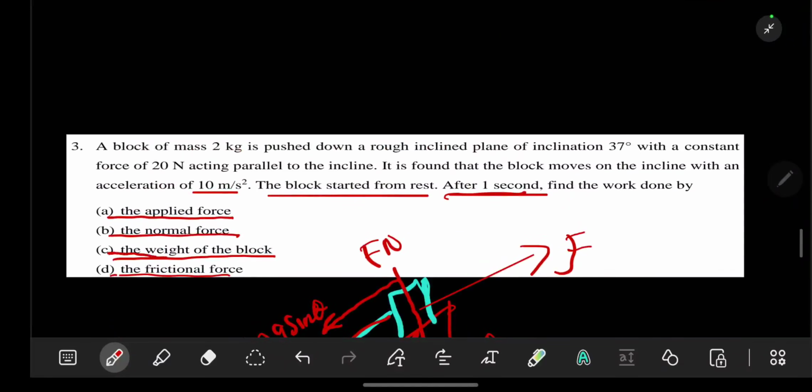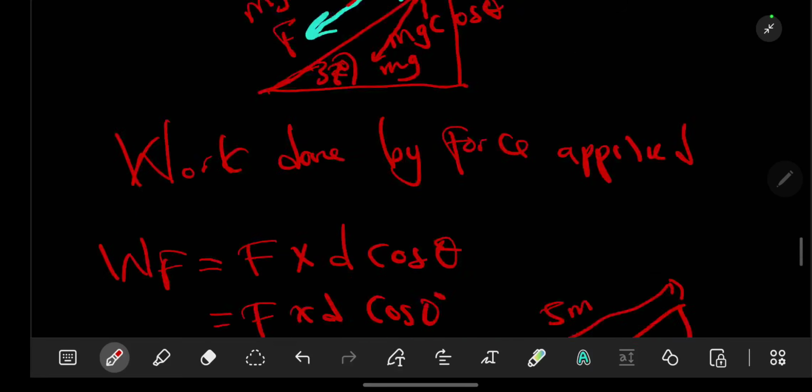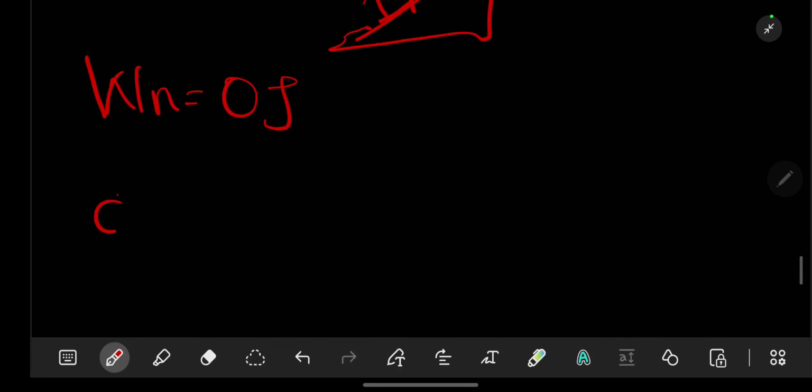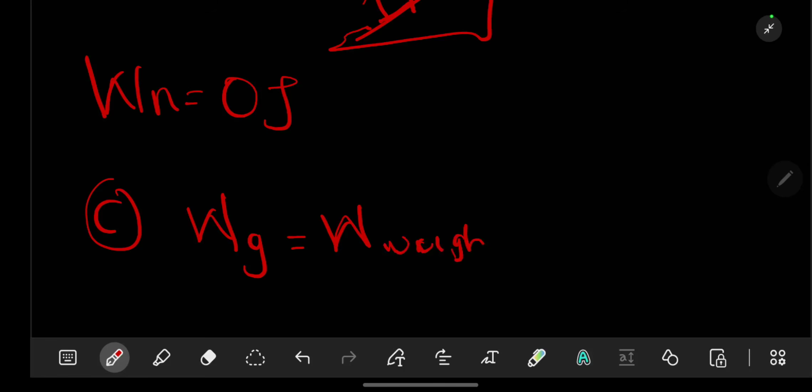The work done by the weight is the same as the work done by gravity. So how do we find that?